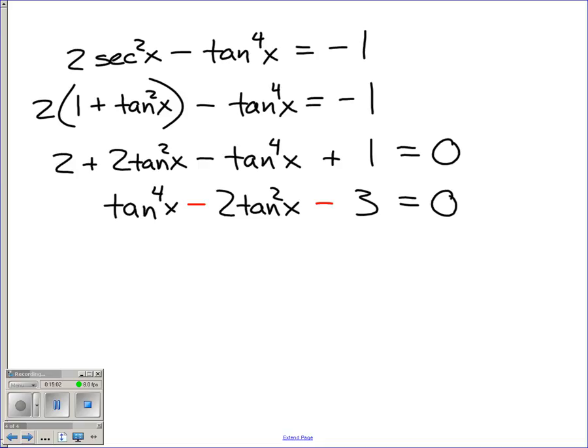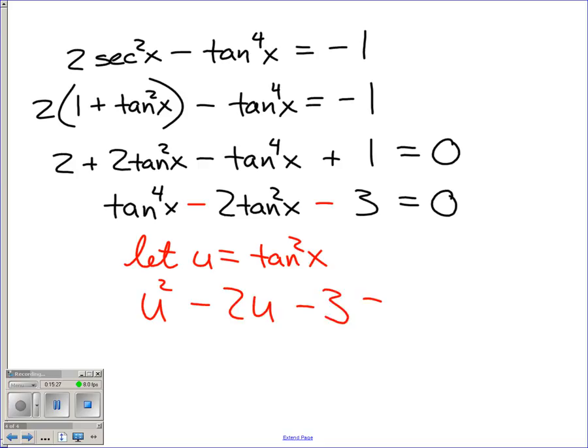And so I'm going to make a u substitution here. I'm going to let u equal tangent squared x. Now, replacing tangent squared in this tangent to the fourth, that's going to be u squared minus 2u minus 3 equals 0.